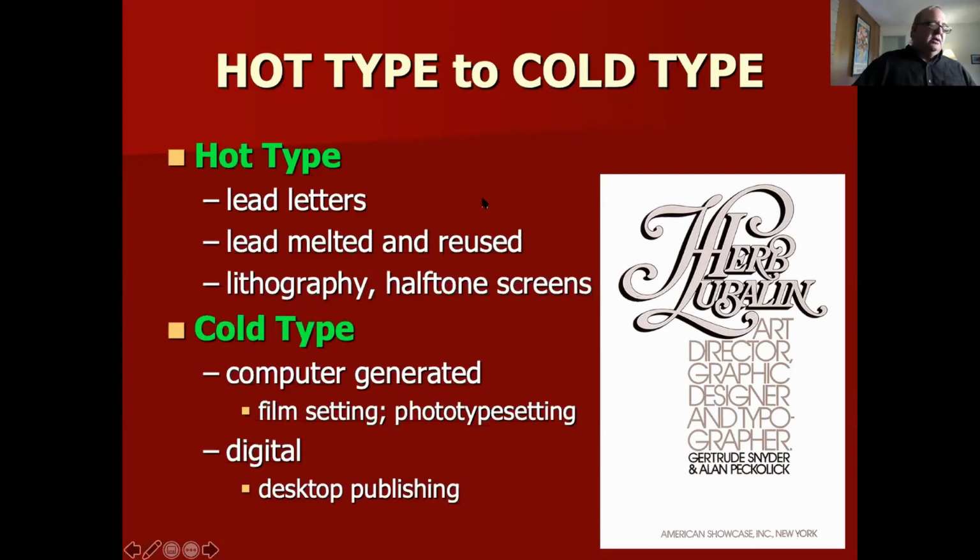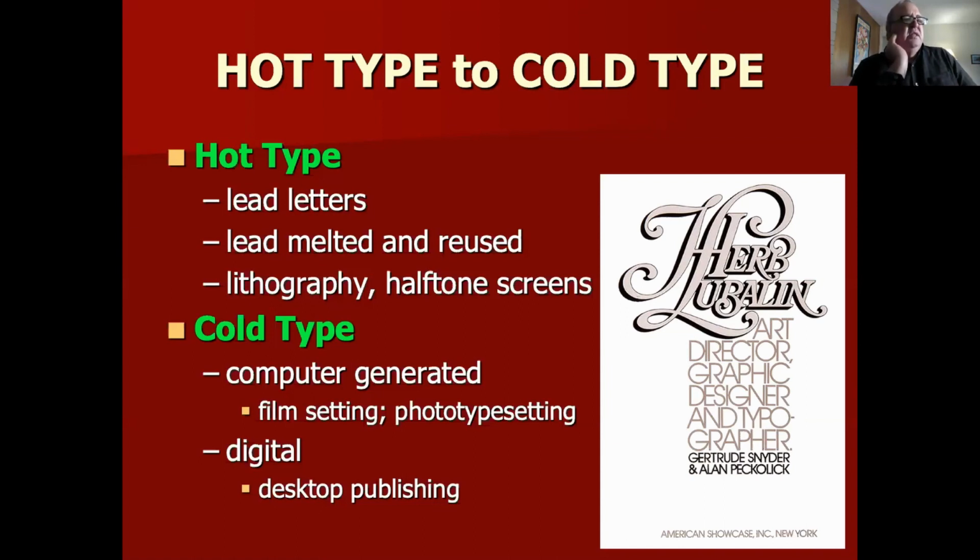Hot type was also a technology that came along where they used a machine called a linotype machine. That's the most well-known thing. They had letters that were made out of lead, and they were put together in a large frame, and then eventually that became a printing plate.